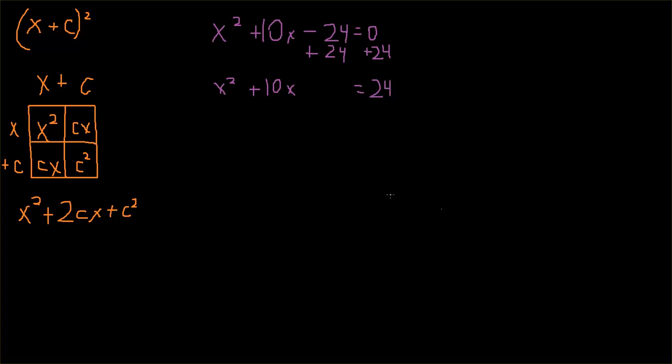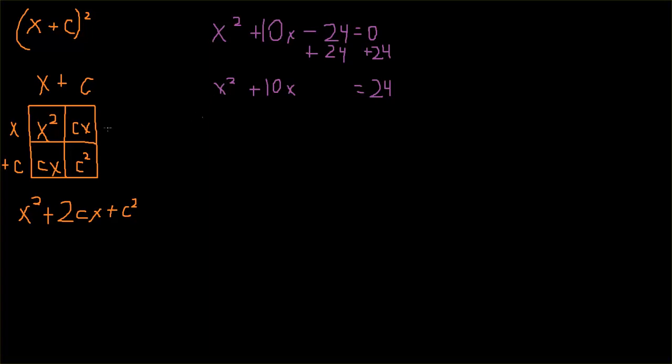Now from this, let's think about completing the square because we're going to hopefully get to this form of x squared plus 2cx plus c squared from using our x squared plus 10x. And luckily enough, since we have a coefficient of 1 in front of x squared, we don't have to factor out a. Another example will come on that later.